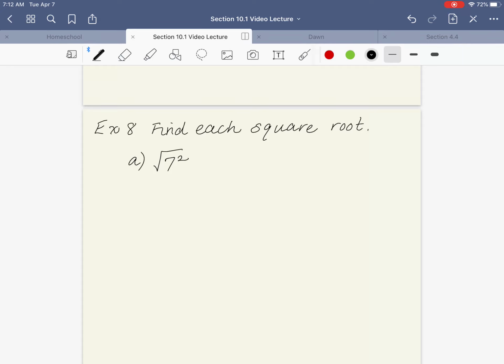All right, so let's look at these examples. We want to find each square root. We have the square root of 7 squared. That's going to be the absolute value of 7, which is 7. All right, the square root of negative 7, and that quantity is squared, is still going to be the absolute value of negative 7.